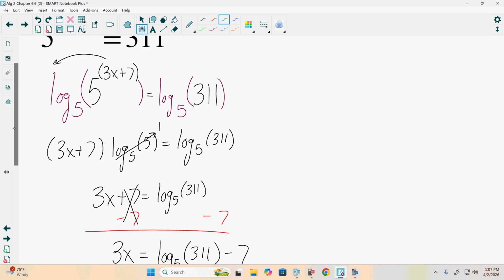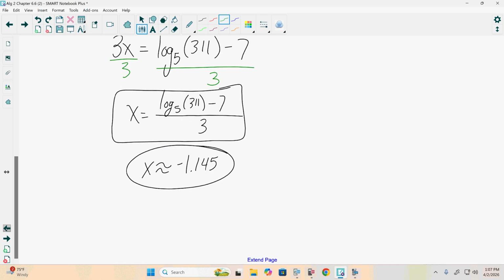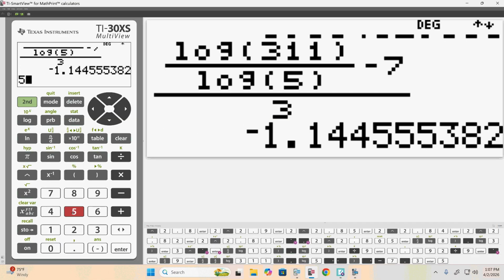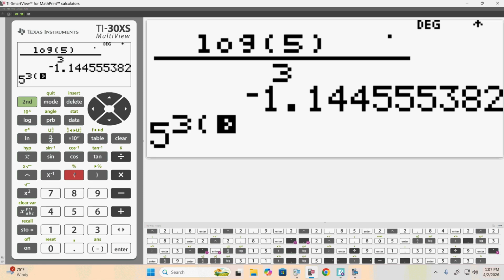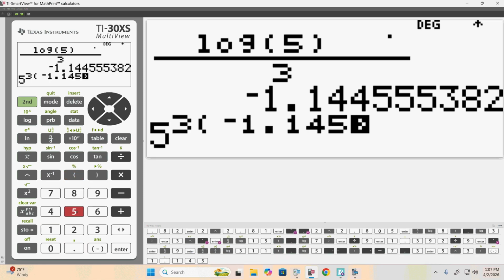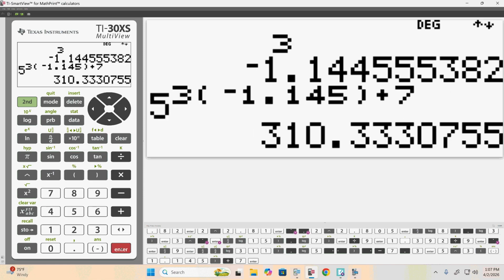So that tells me 5 to the 3 times parentheses negative 1.145 plus 7 should equal 311. Now, is it going to equal exactly 311? Depending on how the calculator approximates, because negative 1.145 is not the exact value of this solution. It is the approximate value, so it will get us to approximately the correct value.